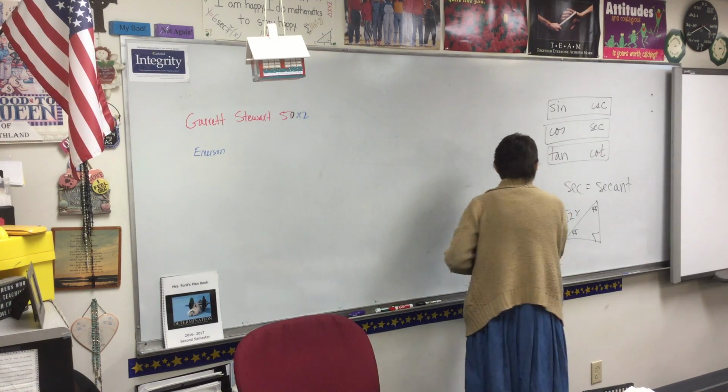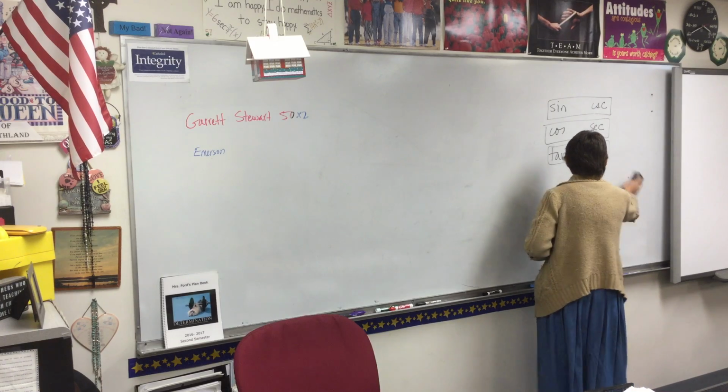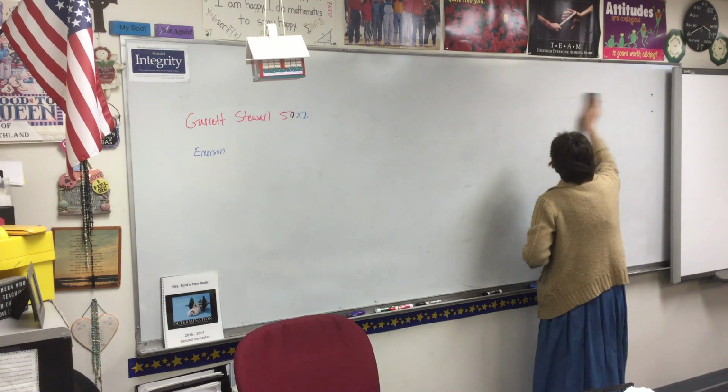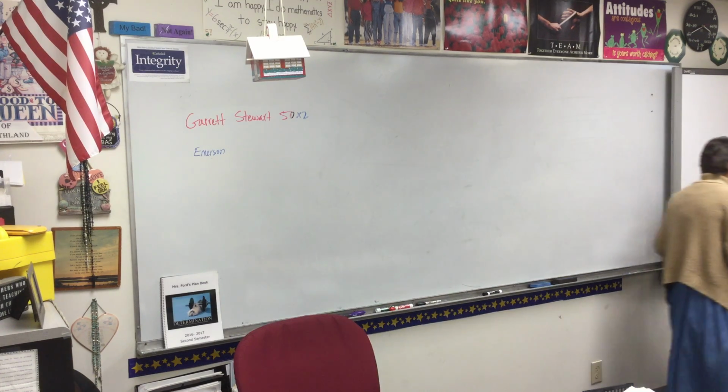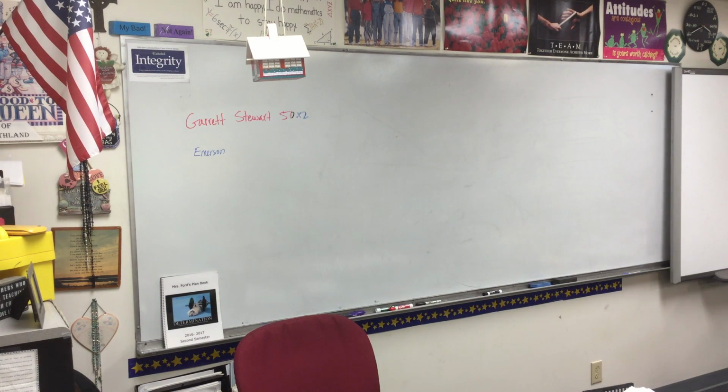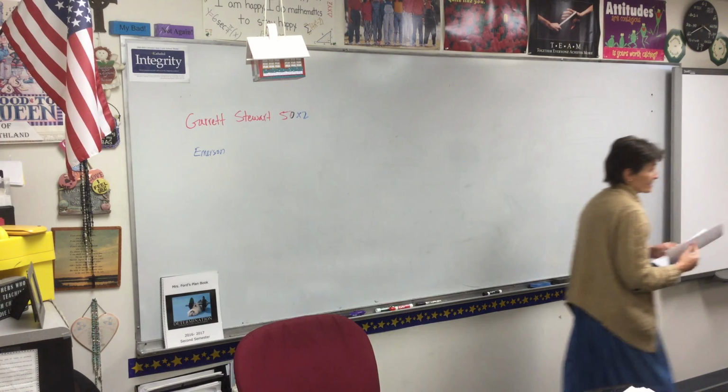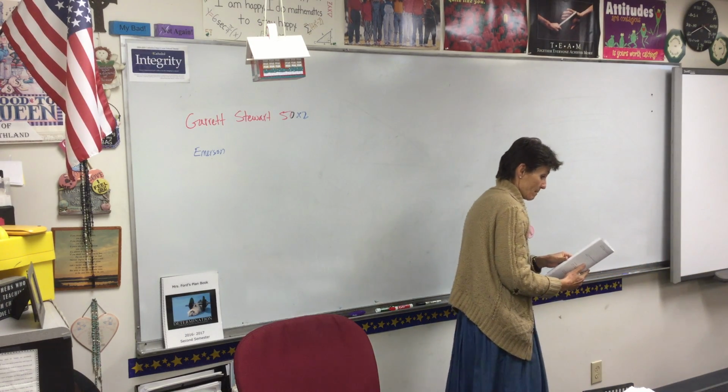I don't know what works for you when you're studying, but I can tell you that the longer you wait to memorize this stuff, the harder it's going to be. This trigonometry is an easy subject if you've memorized. So you really need to get that memorized.